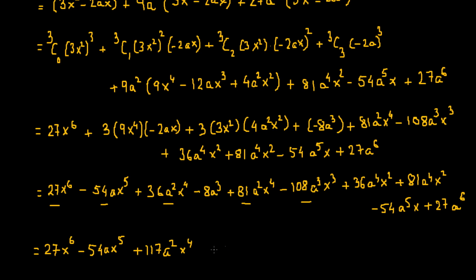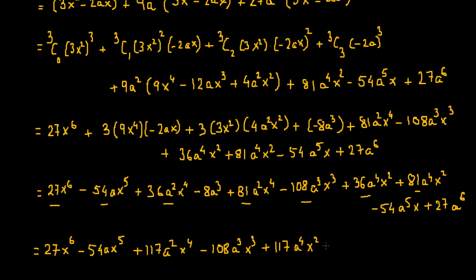None that I can see. So this is negative 108 a cubed x cubed. Then with a4 x squared, that's 36, so this is again 117. So 117 a4 and x squared.